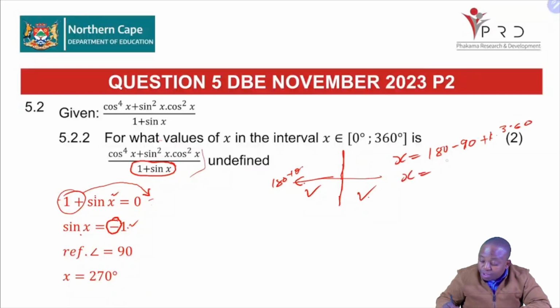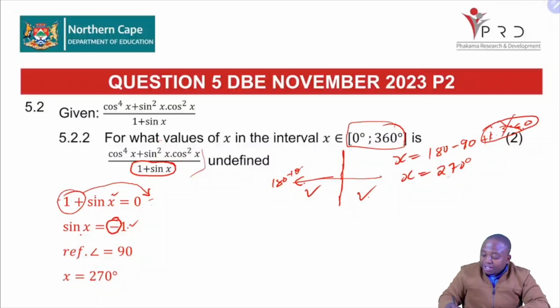Then my x, which is the general solution here, will become 270. However, we are already given the restriction. Because we are given the restriction, we do not need to add the k times 360. Then x is going to be 270.